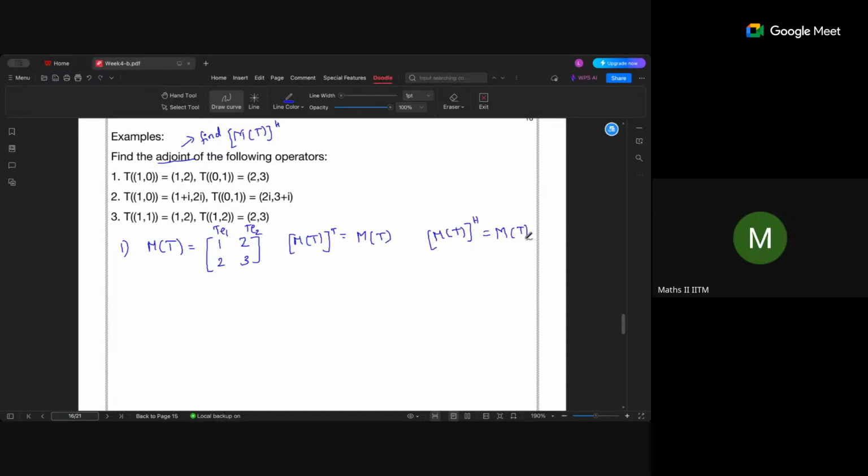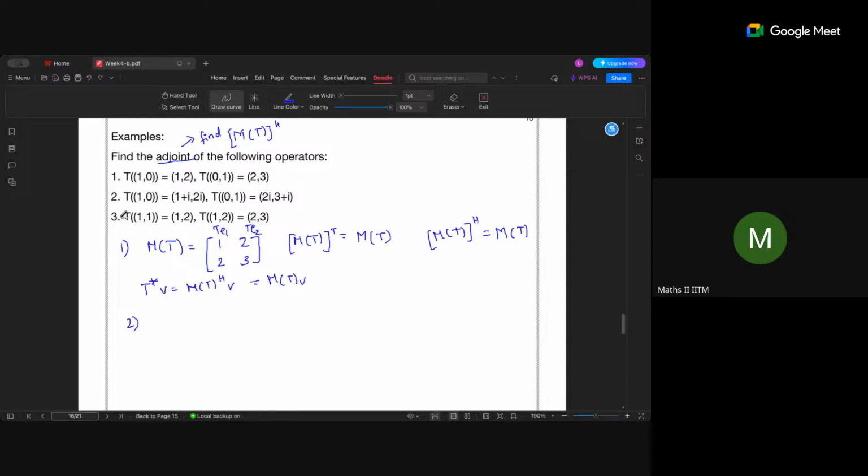It remains the same. So your adjoint operator T star v is given by M of T power H times v, where M of T power H is nothing but M of T in this scenario. That's all. Now I give you time to complete 2 and 3.